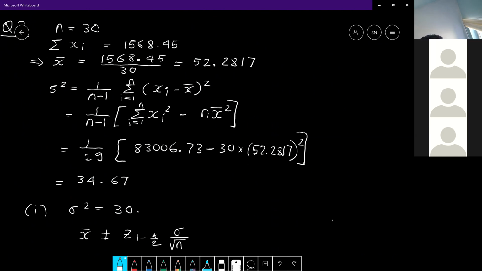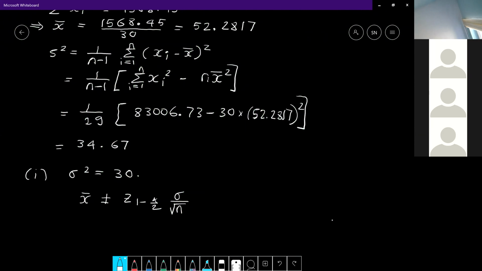This is the formula for the confidence interval in the case that the population variance is known, right? So x bar, we know, is 52.2817.